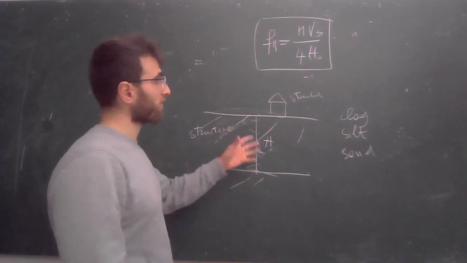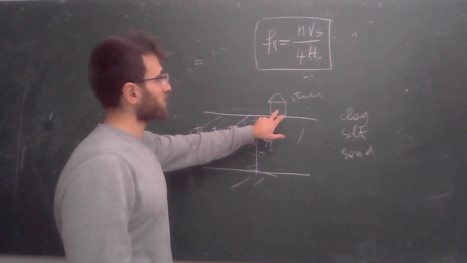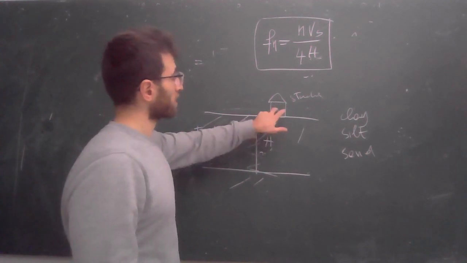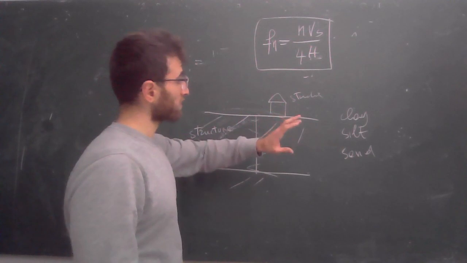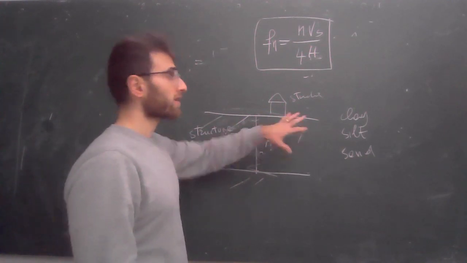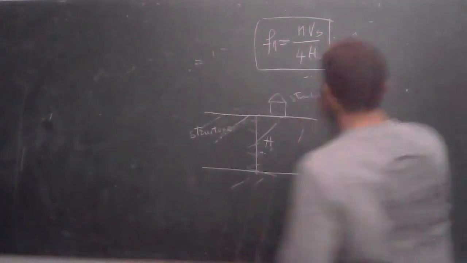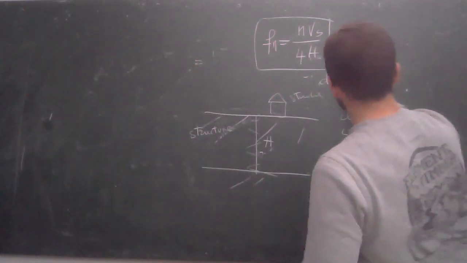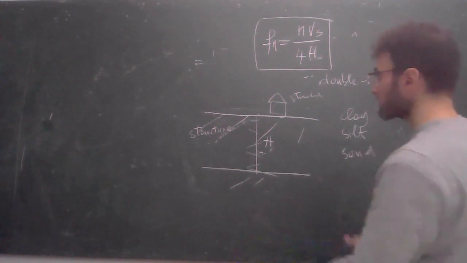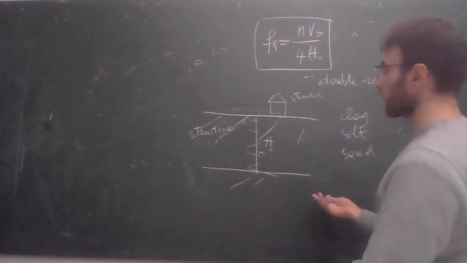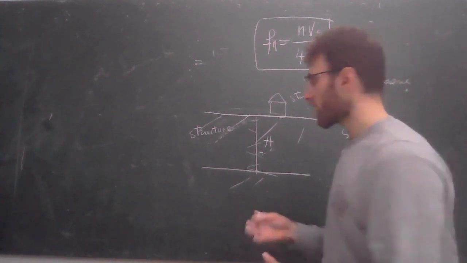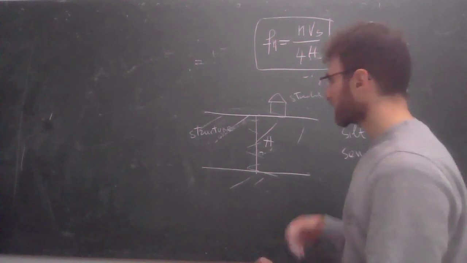So we must be careful that the natural frequency of the house built over that soil is not very similar to the natural frequency of the layer of soil. Otherwise, we will have the problem of double resonance. We have the same natural frequency of the house and the soil, so we will have a great amplification of the effect of the earthquake.